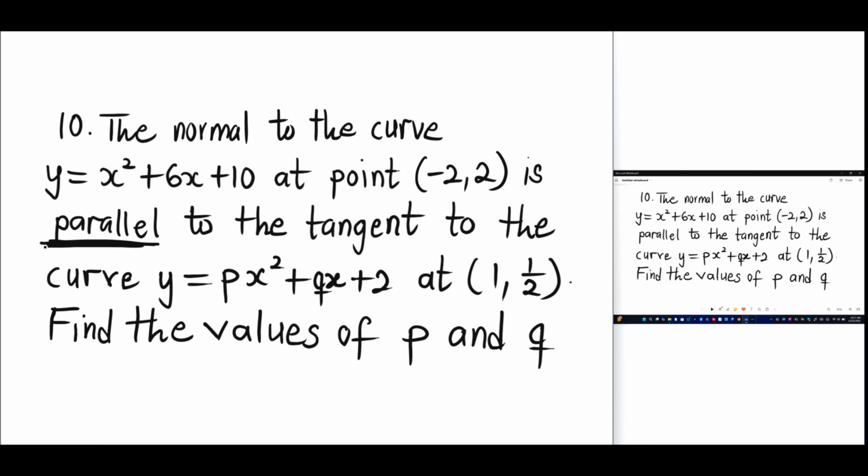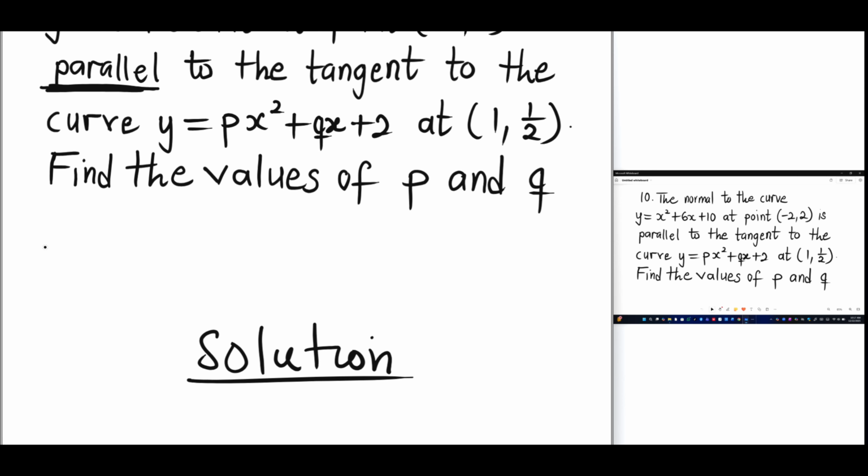So from the given statement, the normal to the first curve is parallel to the tangent to the second curve. So it implies that the normal of the first curve and the tangent of the second curve have equal gradient. So we have to determine their gradient and equate the two gradients. So we start by finding the gradient of the normal to the first curve.